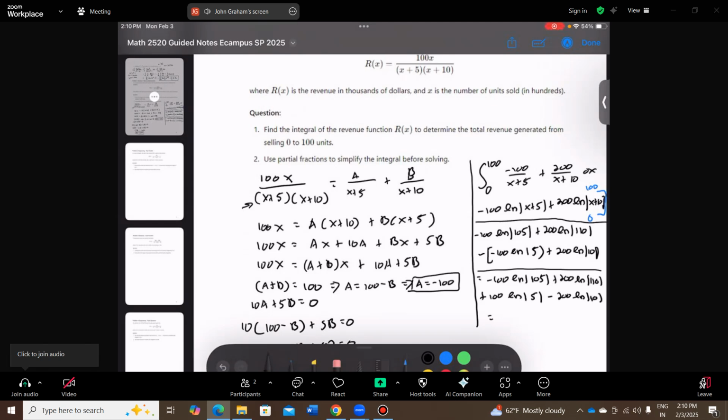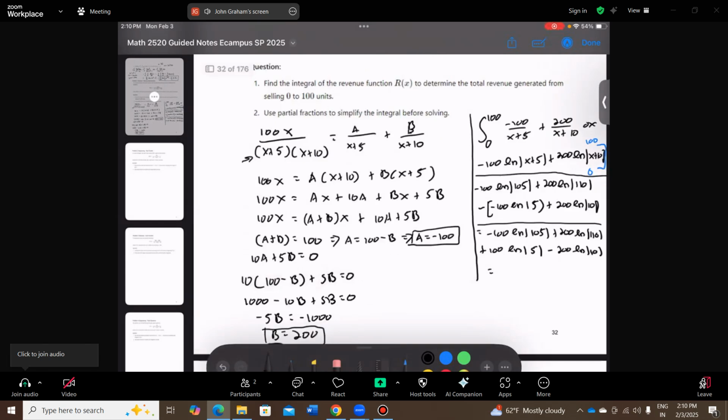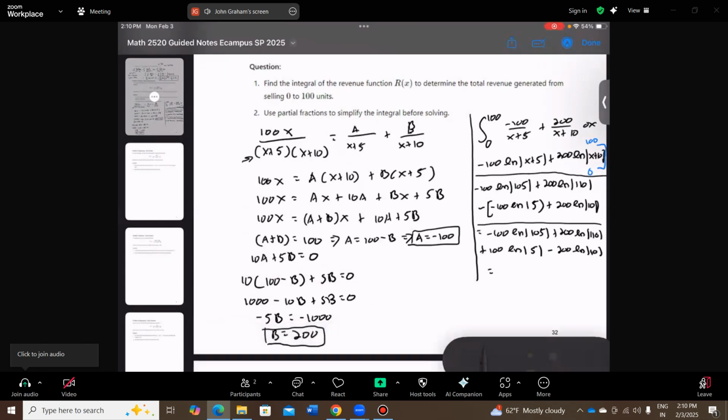And this is something you just have to plug into your calculator. Actually, we can make it a little bit simpler before we do that, now that I look at it. The ones that have 100 with the constant, we can actually put together their natural logs.